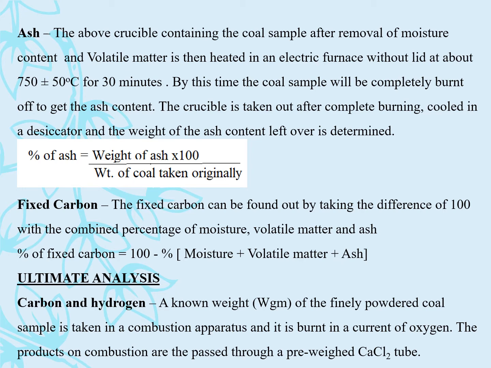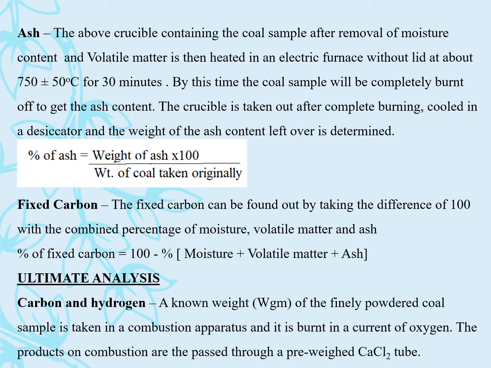So the formula is: percentage of fixed carbon is equal to 100 minus the percentage of moisture plus volatile matter plus ash. So this is how the volatile matter, moisture, ash content and fixed carbon are calculated using the proximate analysis.